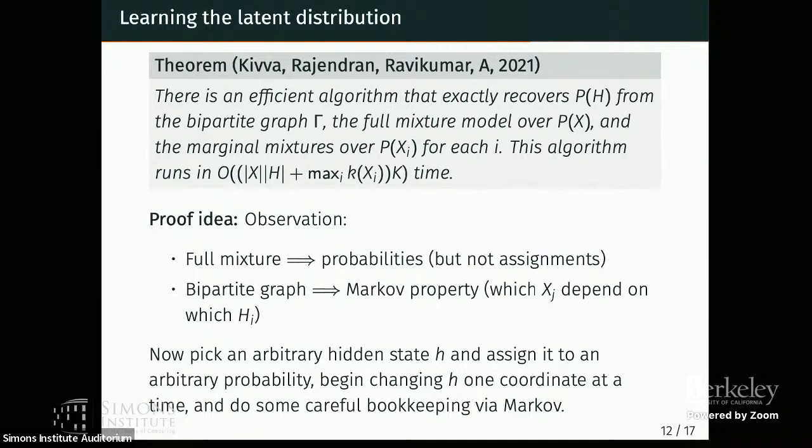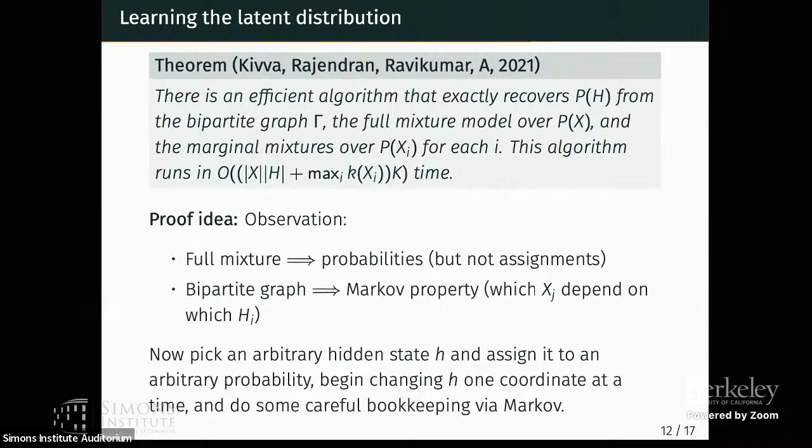So the full mixture gives us the probabilities. And the bipartite graph is going to allow us to exploit the Markov property to understand, when I change a hidden variable, which observables could possibly change. The way you can think about this is I take the joint probability table of H, shake it up, and throw it into a bag. The way the algorithm works is I pluck out a random probability, it doesn't matter which, and assign it to, let's say, all zeros.